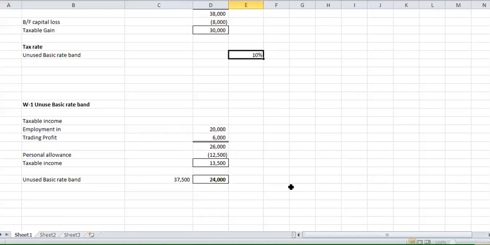We will apply a 10% tax rate on the unused basic rate band, and on the remaining gains we will apply a tax rate of 20%.